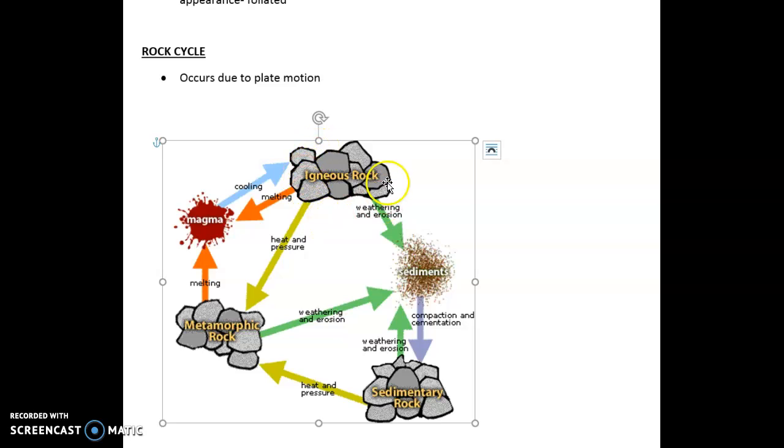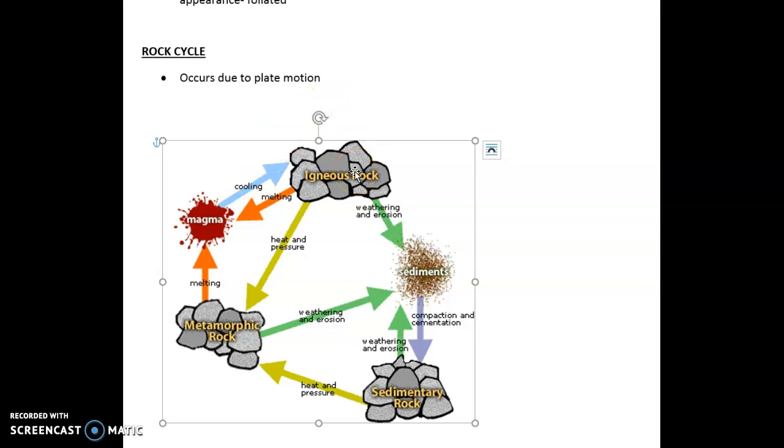So all rocks started as igneous rock, and if igneous rock meets a subduction zone, so this occurs at a convergent plate boundary, it can actually melt back into magma, cool again to form another type of igneous rock. So igneous rock can melt and cool to form igneous rock.